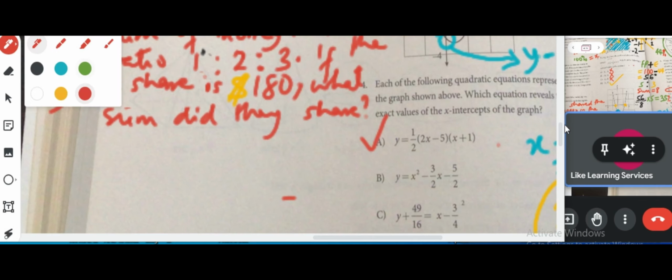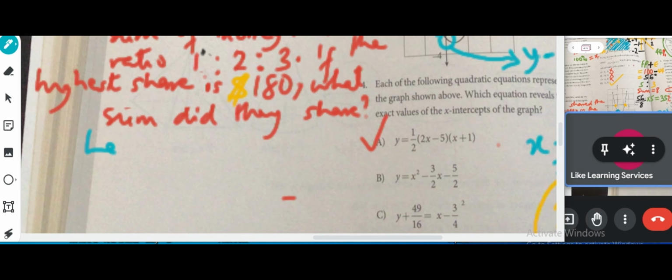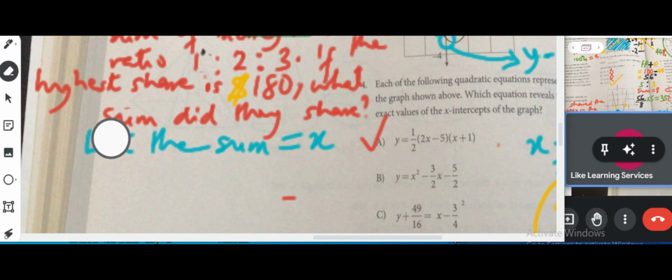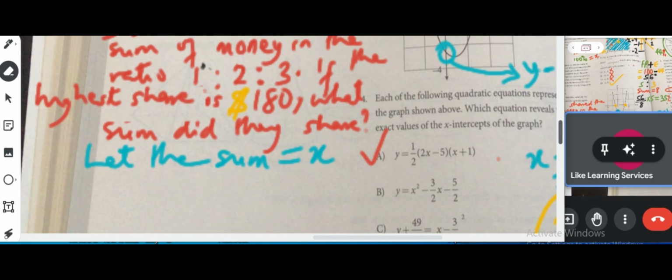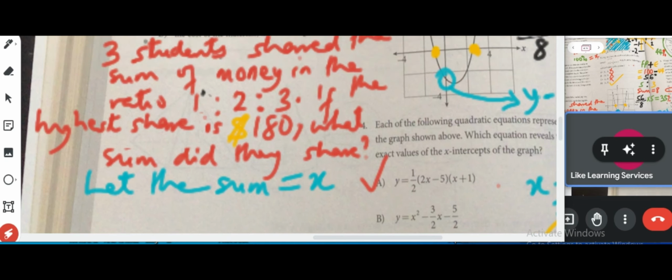We can say let the sum be x. Let the sum equal x. We don't know what it is. How would we have gotten the one for 180 for the highest share?